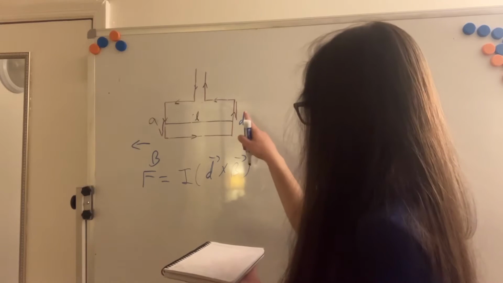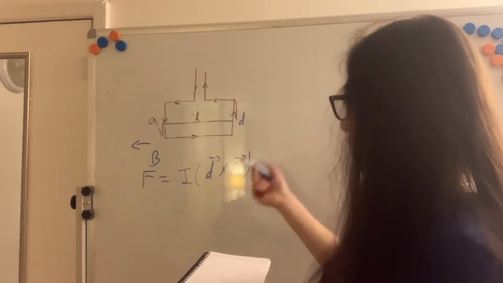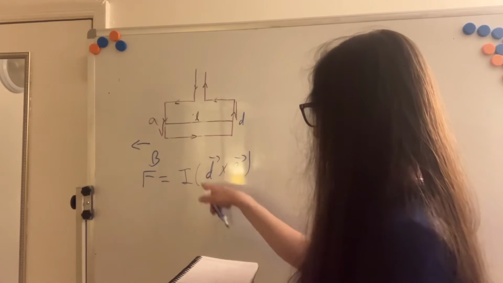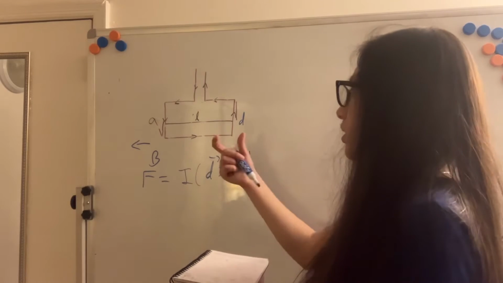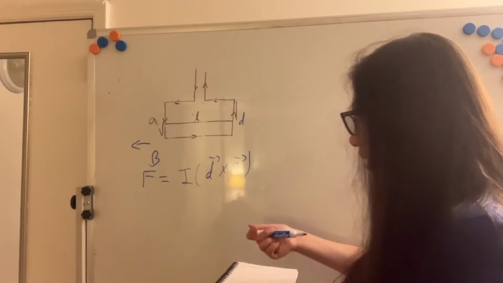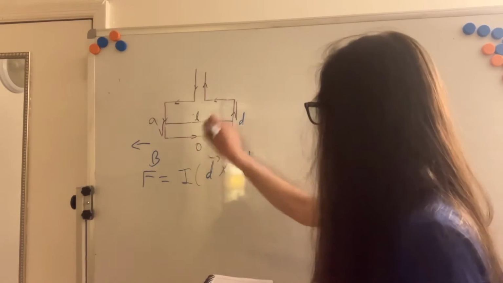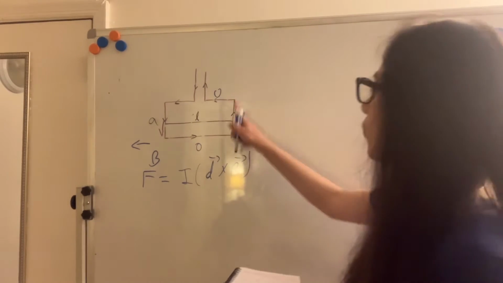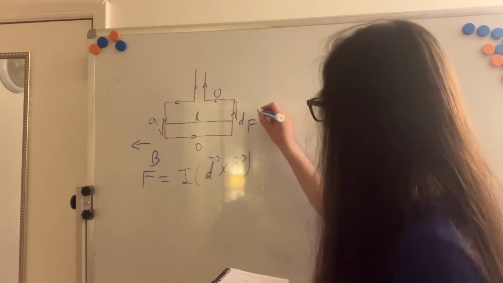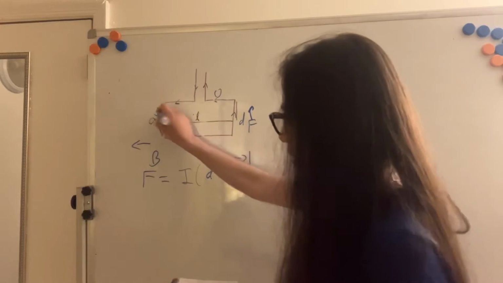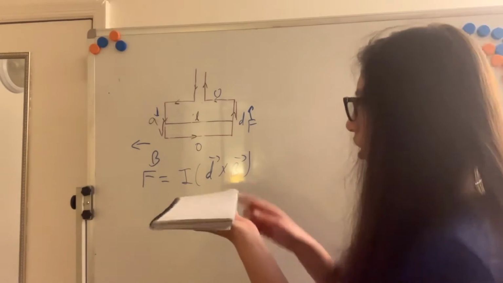Here the force at this point, all this and all this, is 0 because the length in the direction of the current is in the same direction or 180 degrees with the magnetic field. So the cross product is 0 here, 0 here. But for this and here, we have that the force is upward here and downward here, because this is the direction of the wire.